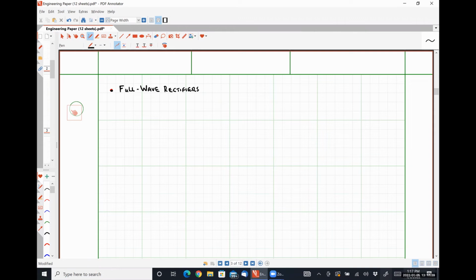All right, so our full wave rectifier utilizes a center tap transformer. So here is our voltage VAC as a function of time.